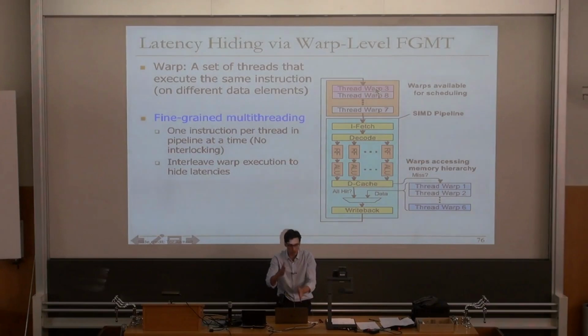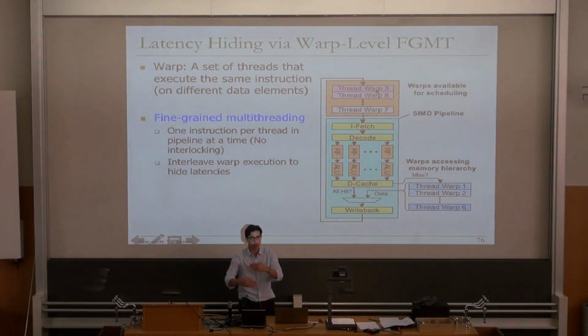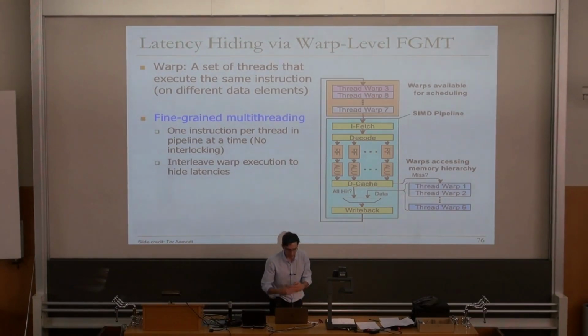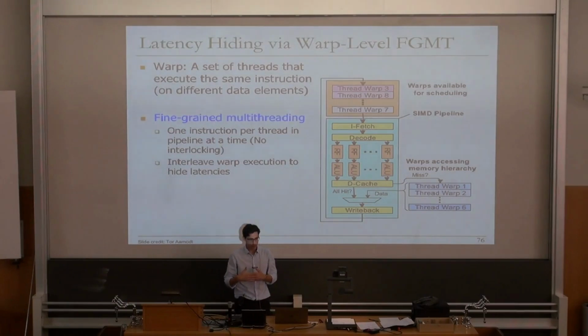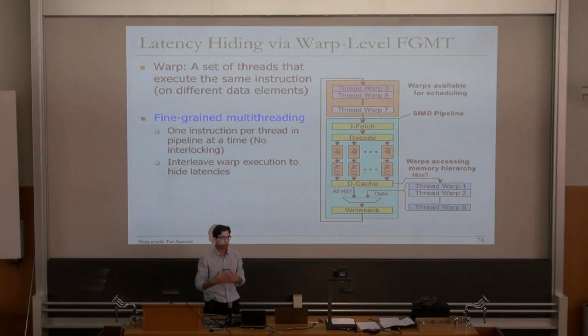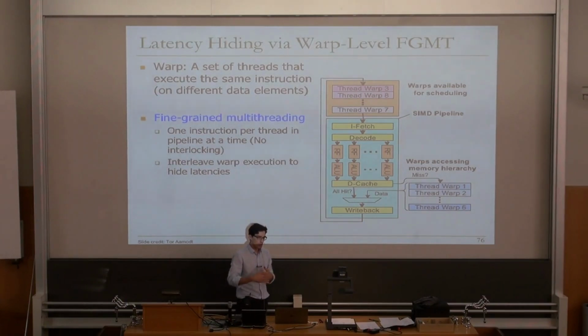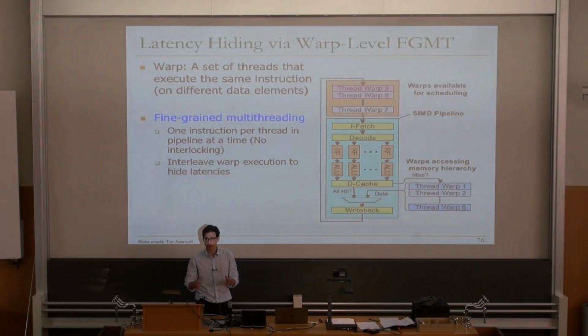So this is what is called fine-grained multi-threading, because we are interleaving instructions that are coming from different warps. And the main advantage that this way of execution has is that we are able to hide long latencies in some specific parts of the system.